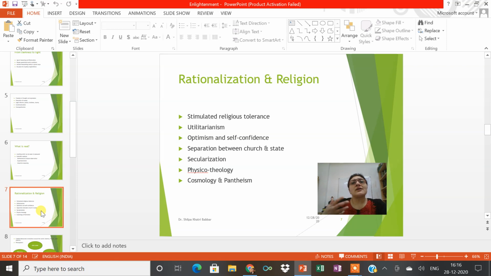A lot of diversity, heterogeneity and differences were accepted. And the second bullet on your screen says utilitarianism, which talks about the greatest good of the greatest number. That was the philosophy.